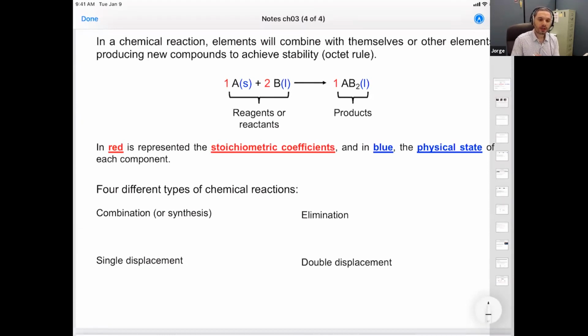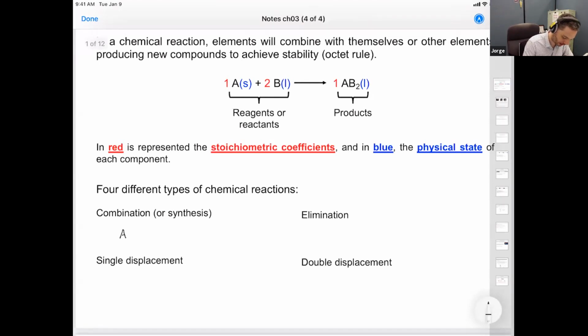Okay, so there are four different types of chemical reactions. I would like to cover those four types of chemical reactions, and then we can finish for today. The first one I would like to show you is labeled combination, or also called synthesis type of reaction. In this kind of chemical reaction, we always start with two or more reactants.